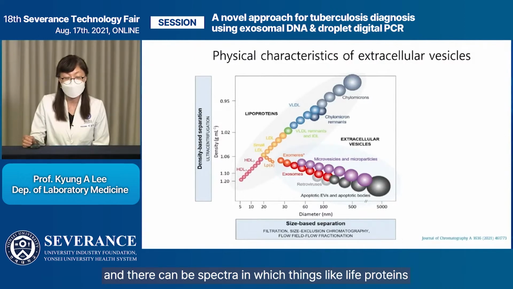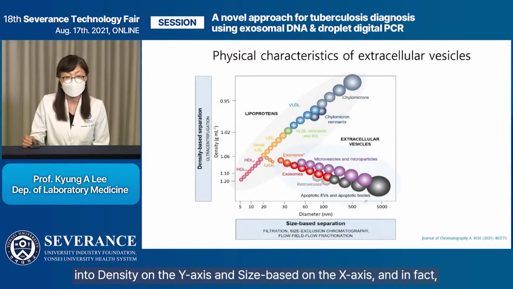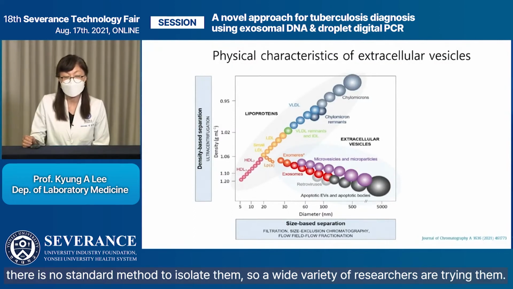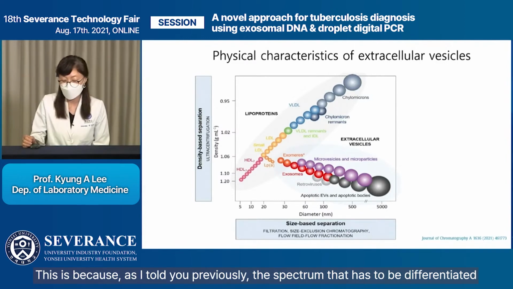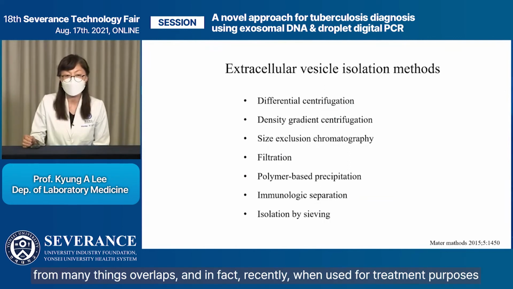There are spectra in which things like lipoproteins that exist in the body overlap very similarly, and viruses can exist similarly, and there are many attempts to isolate them by separating them by density on the y-axis and size on the x-axis. In fact, there is no standard method to isolate them, so a wide variety of researchers are trying different approaches.